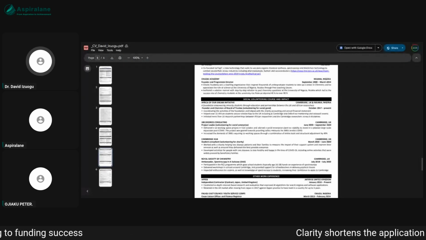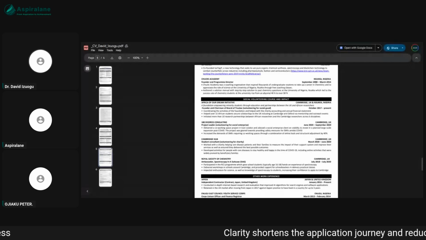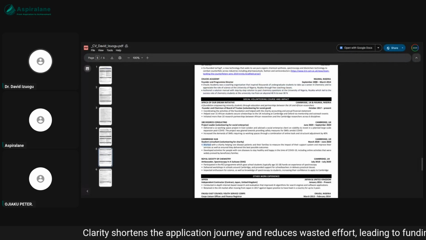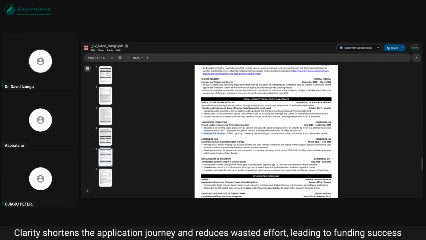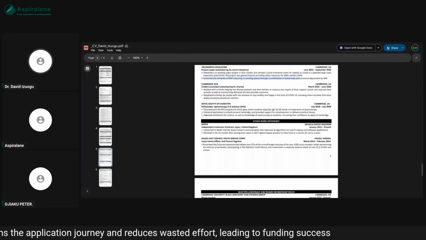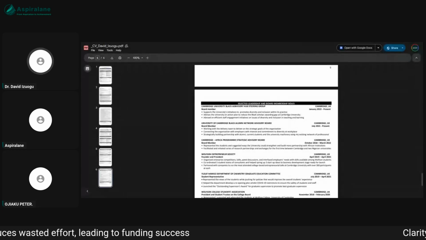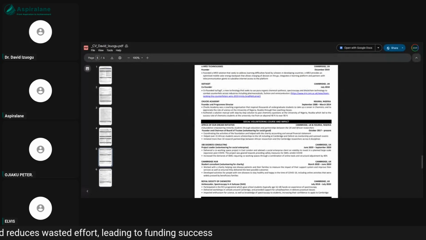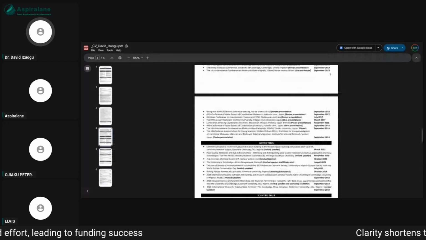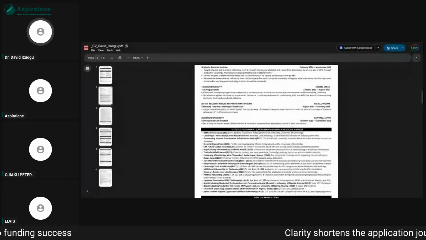Most things you're going to see here are a maximum of 2 lines. In most cases, you will see a one-line thing, 2 bullet points, 3 bullet points, as the case might be. Look at all of them, they are on one line, focusing more on the impact. So that is a typical example.